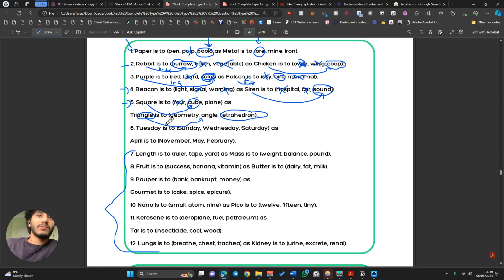There's no real relationship that can make triangle to angle work for square to plane, which is why cube and tetrahedron would work the best.